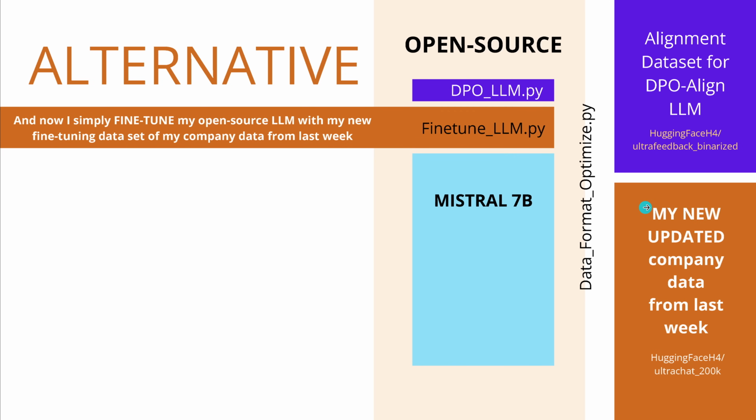So if you accumulate all the new data from the outside world, then you build your data set and you optimize the format of your data set so that it fits the standardized Python model. It runs automatically, and now you have simply fine-tuned your maybe open source LLM with this new external data, with the new fine-tuning data set of your company, of whatever you need, let's say from last week.